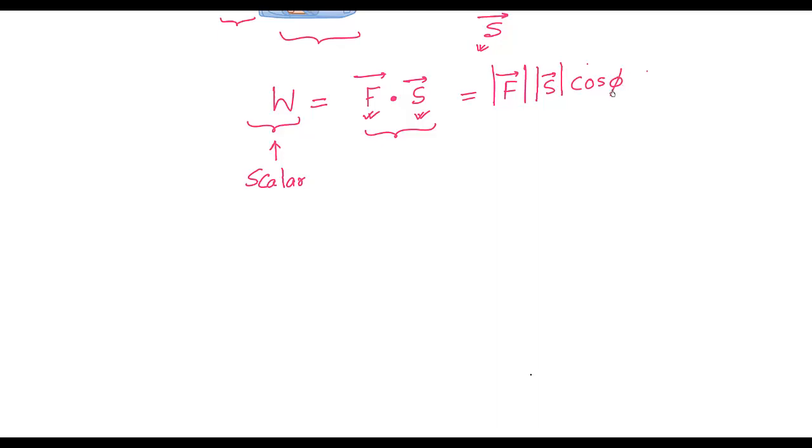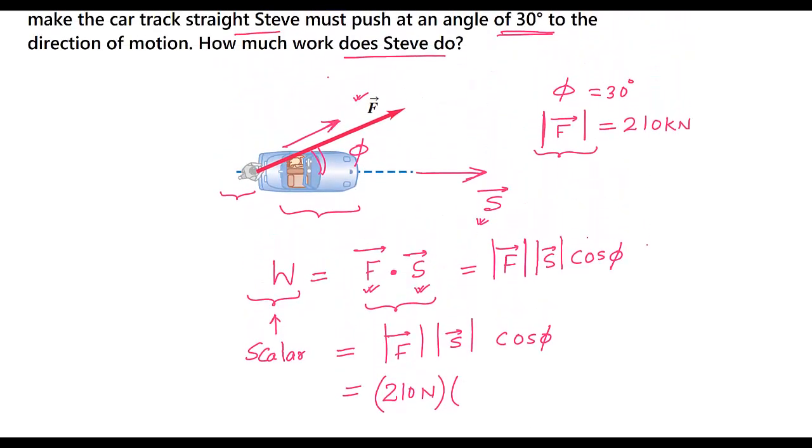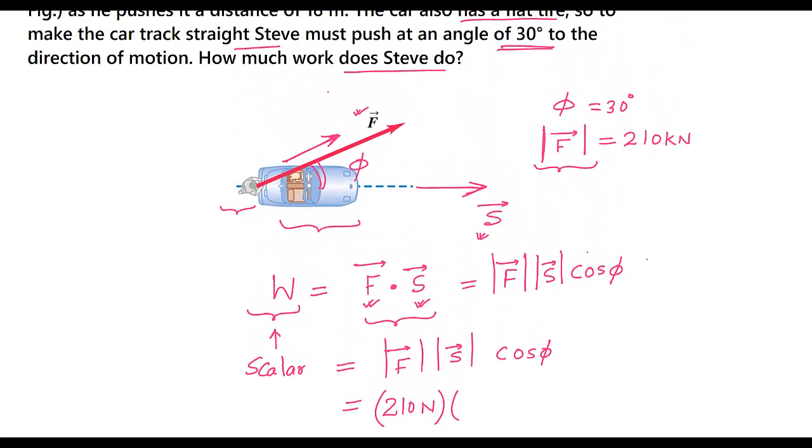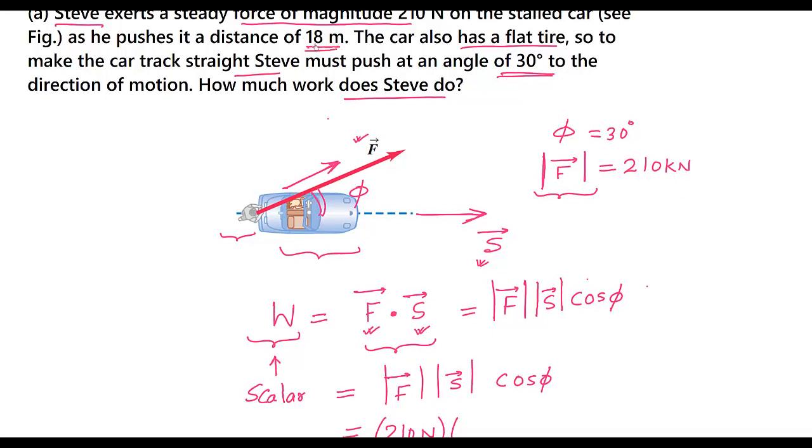So I can directly use this formula: magnitude of F, magnitude of displacement, and cos phi. Now everything is given. The magnitude of F is 210 newton, and the displacement is also given in this problem. It says the displacement is 18 meters. So the magnitude of displacement is 18 meters.